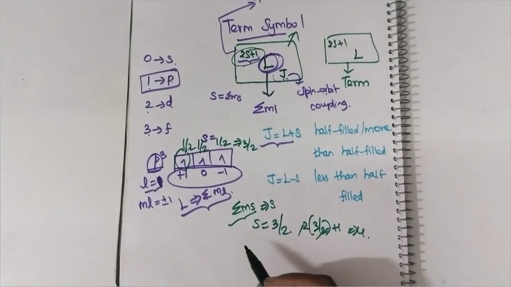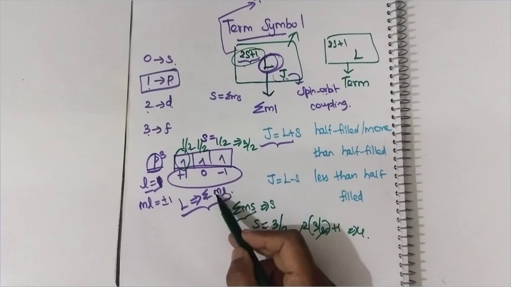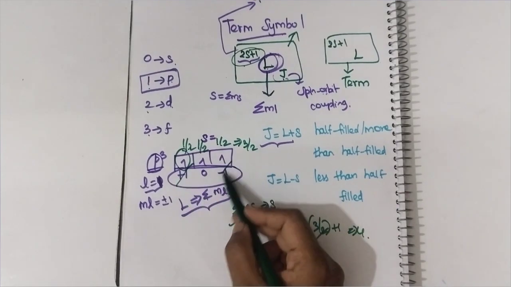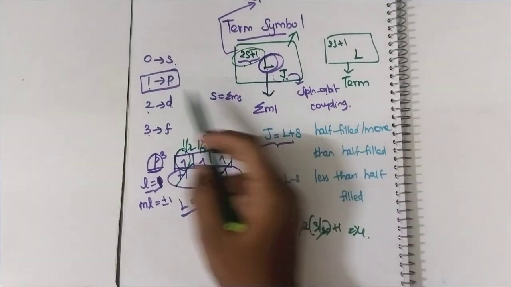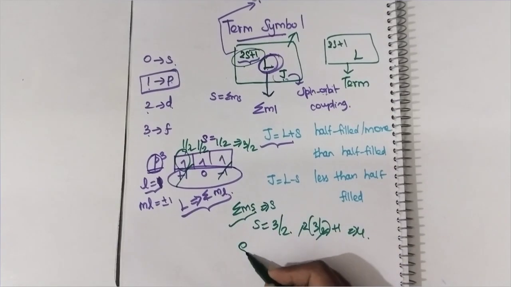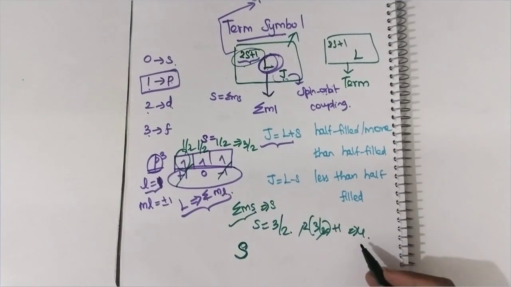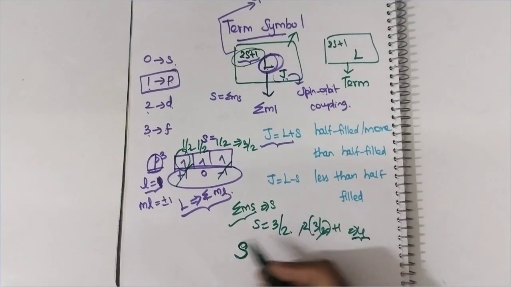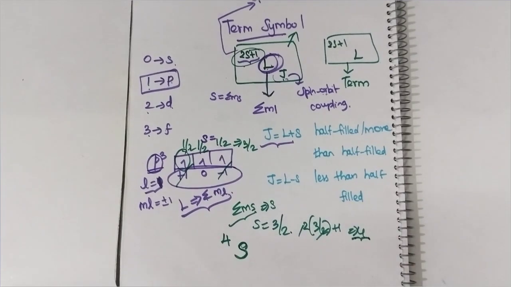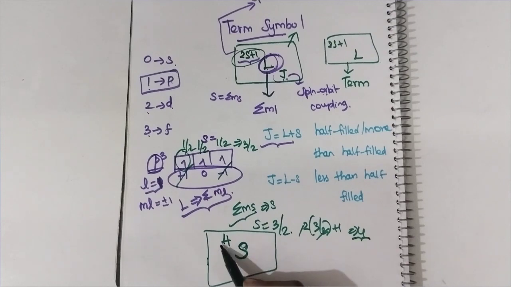Now, sigma ml, we got plus 1, 0 and minus 1, which will be 0. If 0, then it corresponds to S. Here we have found the 2S plus 1 value as 4. If only 4 and S, that is 2S plus 1 and L, are present, it is known as term.